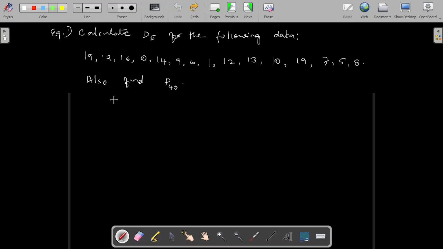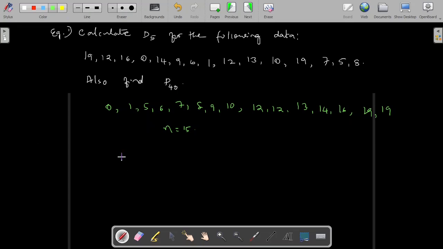When we arrange the data in ascending order, we will get 0, 1, 5, 6, 7, 8, 9, 10, 12, 12, 13, 14, 16, then 19 and 19. Totally there are 15 observations.